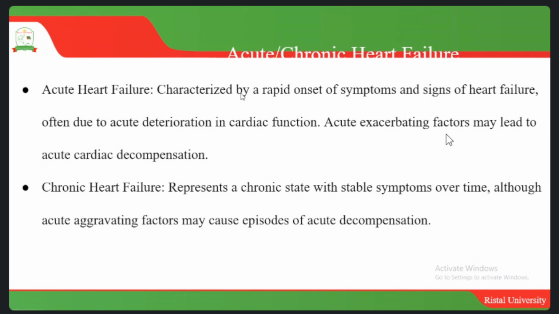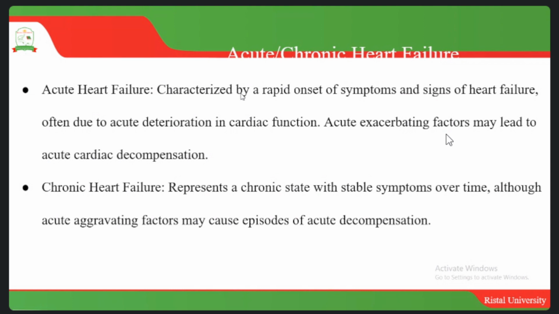and hence heart failure. Then when you look at chronic heart failure, this one represents a chronic state with stable symptoms over time, although acute aggravating factors may cause episodes of acute decompensation. So with chronic heart failure, the patient has been having the condition, but the symptoms are stable.